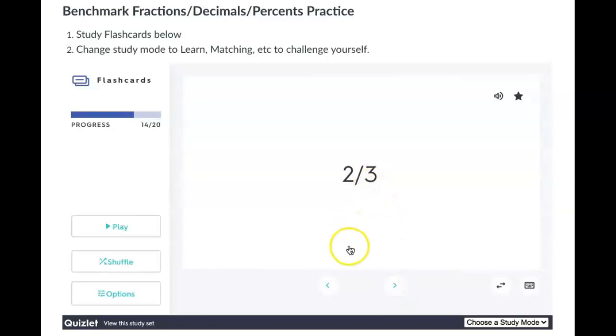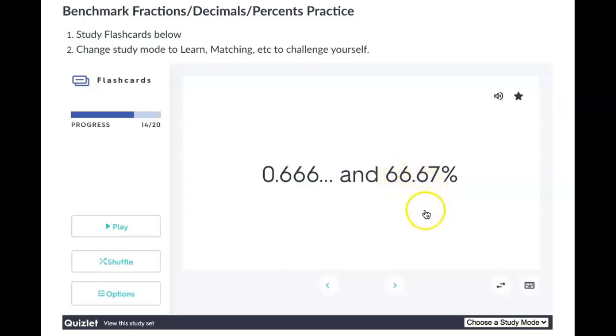What about 2/3? We know what 1/3 is. How much would 2 of those be? 66 hundredths repeating, or 66 and 67% if we round that repeating decimal.